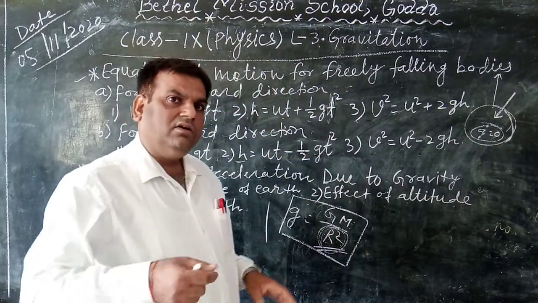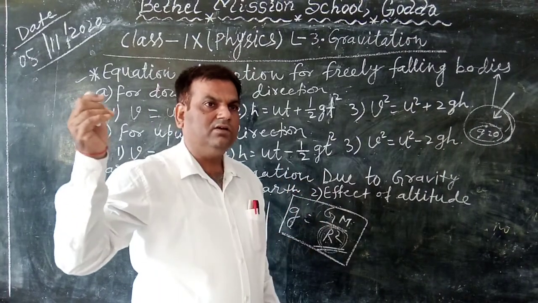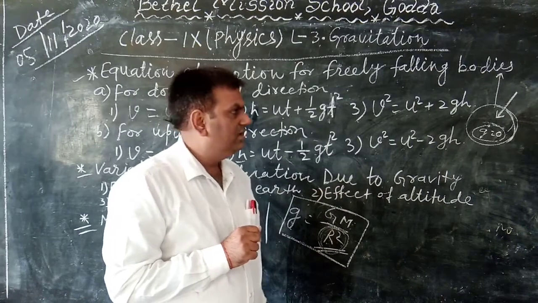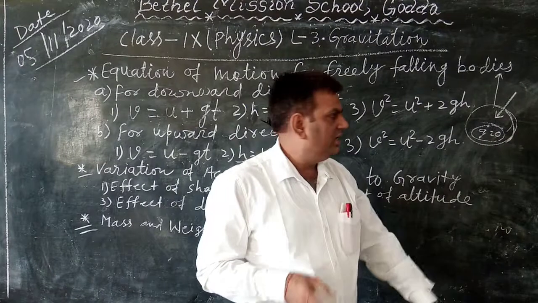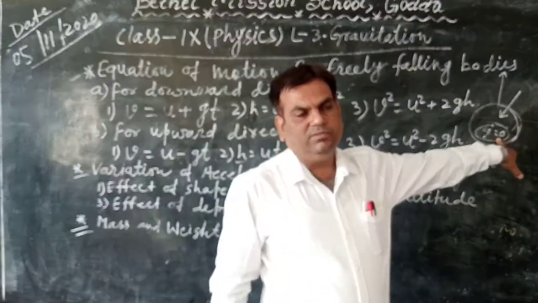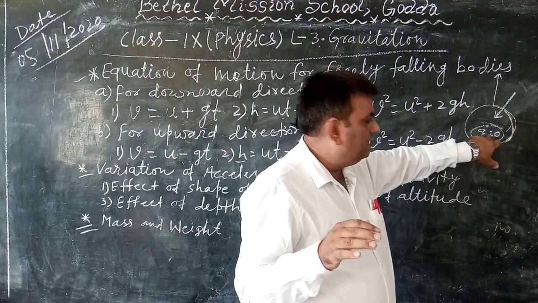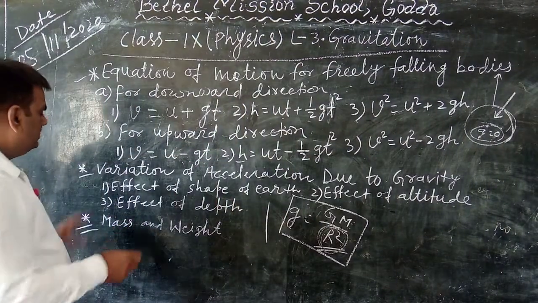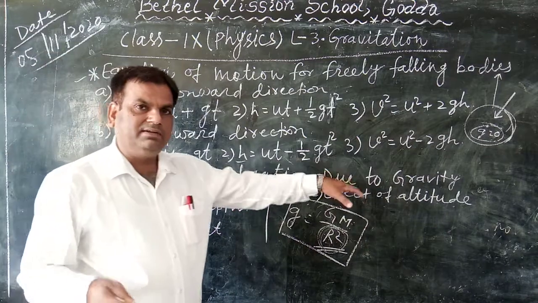The value of g will decrease as we go above the ground and as we go deep inside the ground. So the value of g will decrease in both the conditions. And at the center, the value of g is 0.